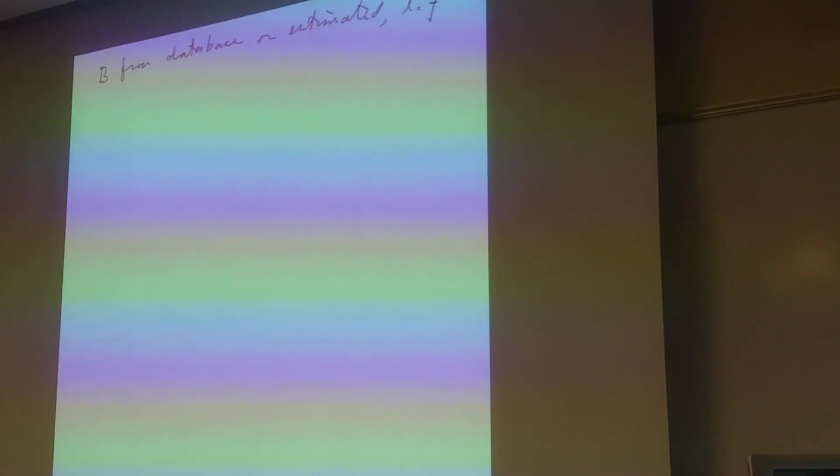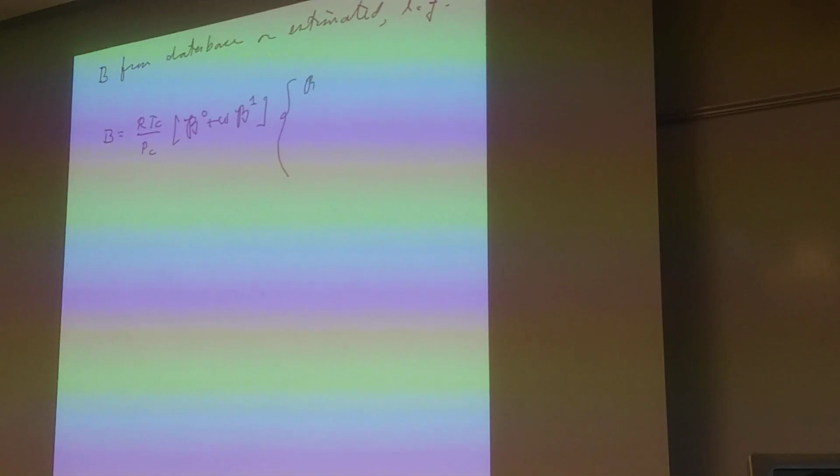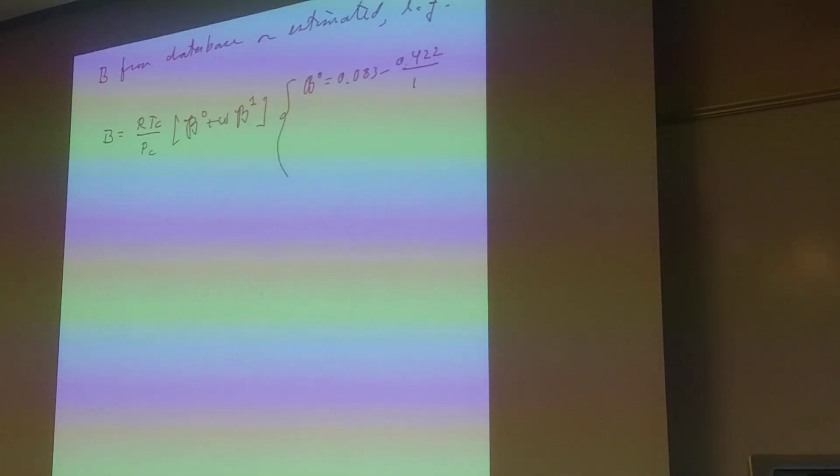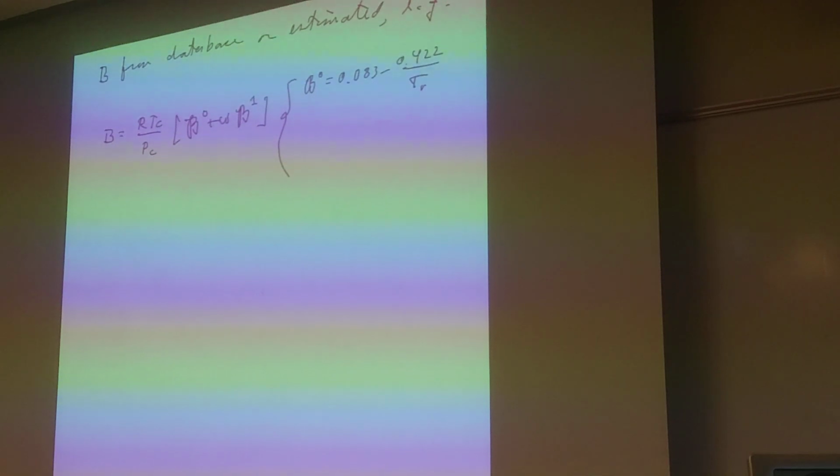For example, from Abbott, we call it B is equal to RTc over Pc times my capital script B0 plus omega capital B1, and we have these guys. B0 is 0.083 minus 0.422 over reduced temperature with an exponent of 1.6.